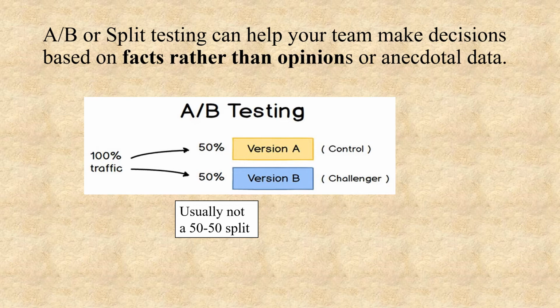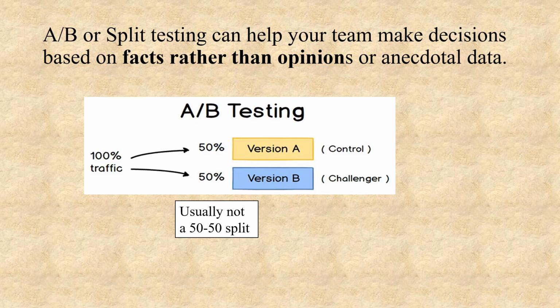So maybe it's an 80-20 split or a 75-25% split, where you send your historically best offer to the most customers, but you take out some customers, randomly assign them to the second pitch, and send them that second pitch, version A, version B, that sort of thing.